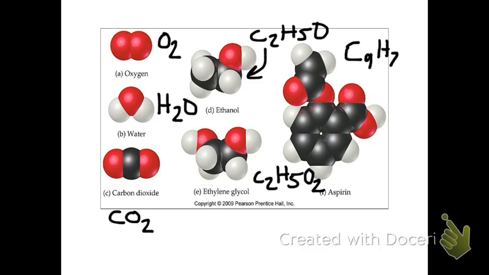And the number of oxygens in red is 1, 2, 3, 4, so 4 oxygens. I would write the chemical formula for aspirin as C9H7O4. It has a ratio of 9 carbons to 7 hydrogens to 4 oxygens, and aspirin will always maintain that fixed ratio.